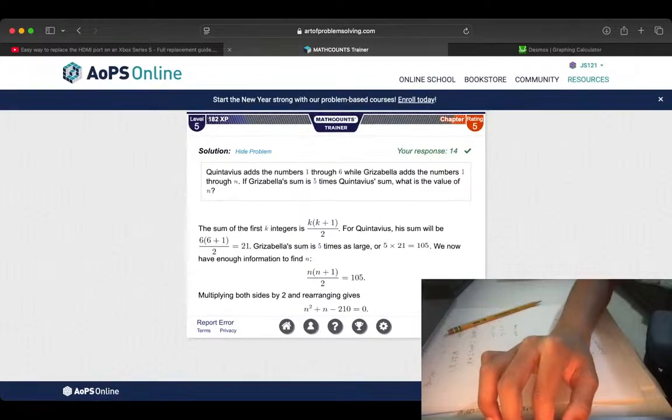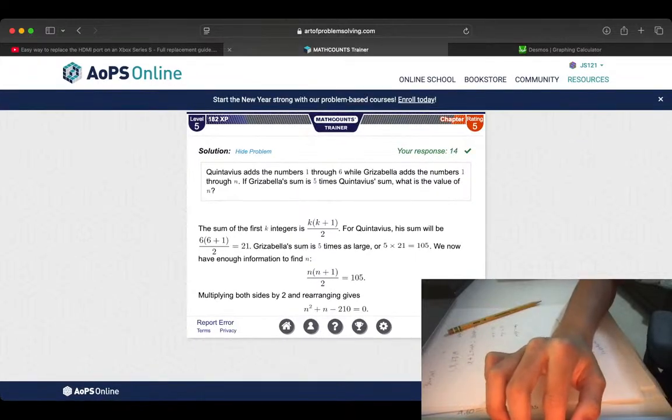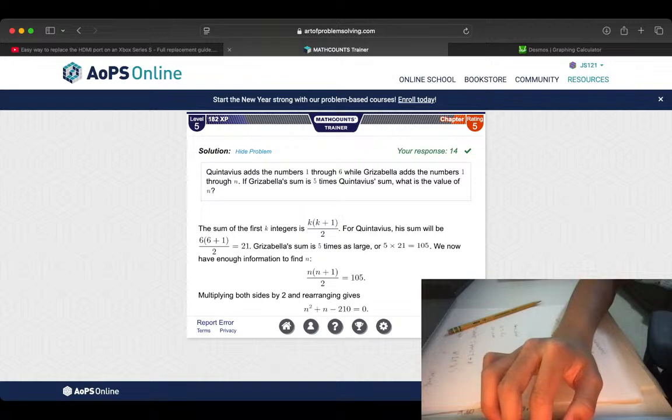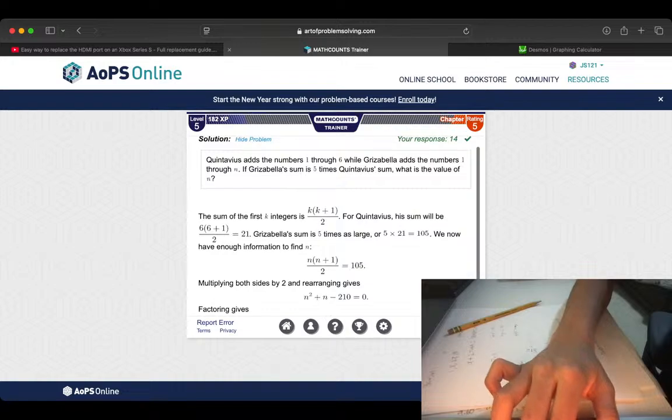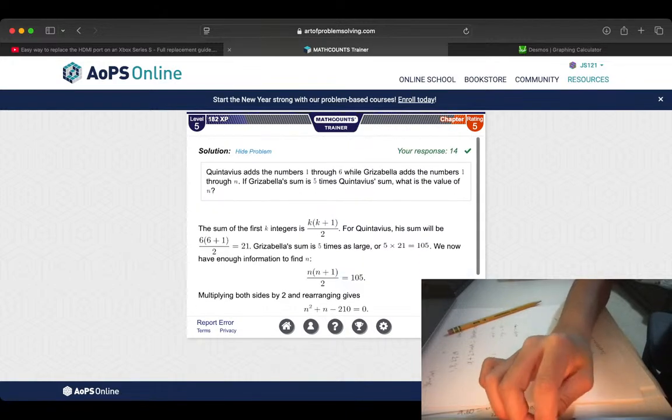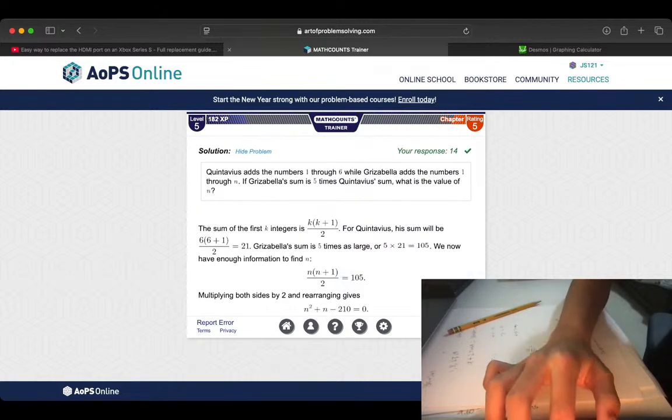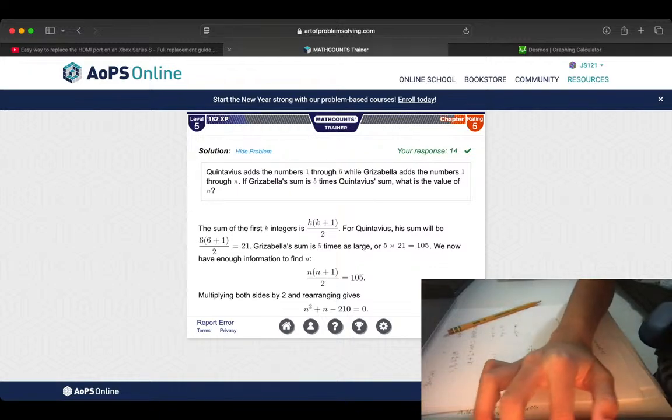Okay, so the sum of the first k integers is k plus 1. Oh right, it was this thing. And x plus 1 divided by 2.